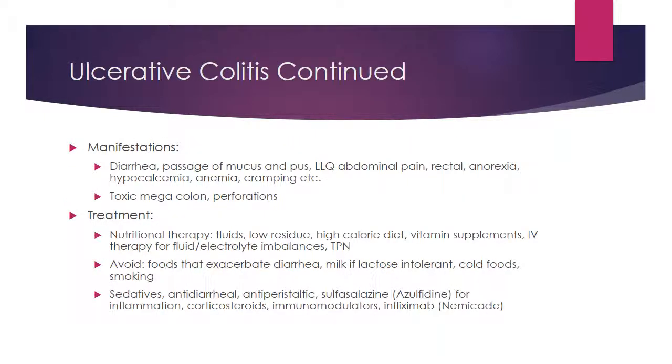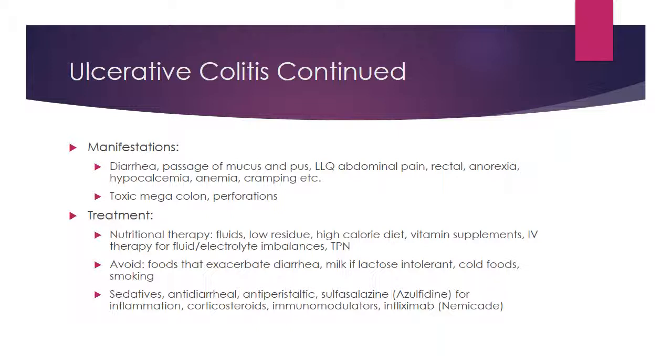Okay, so manifestations of ulcerative colitis are diarrhea, passage of mucus and pus, left lower quadrant abdominal pain, rectal pain, anorexia, hypocalcemia, anemia, and some cramping. If it gets too bad, you will get toxic megacolon or some perforations.